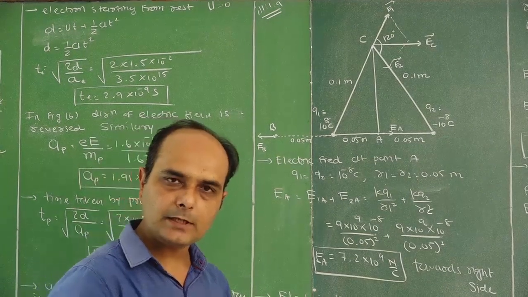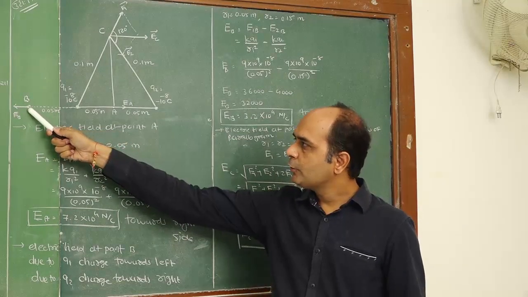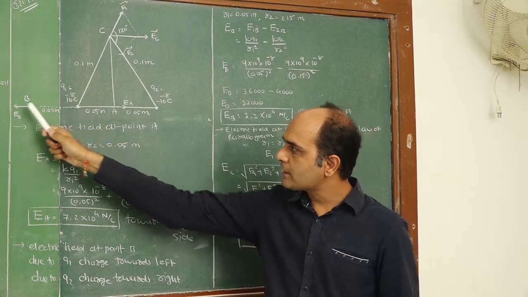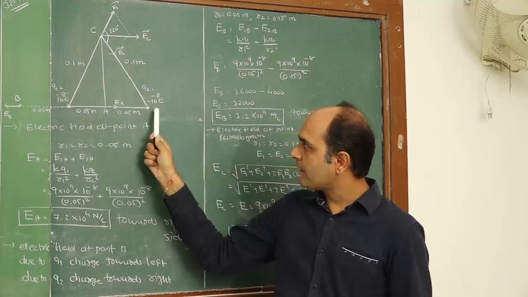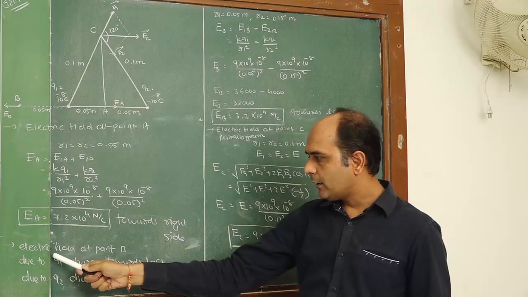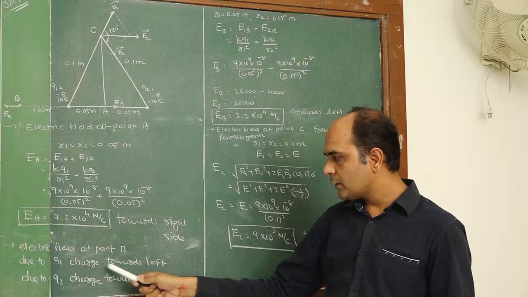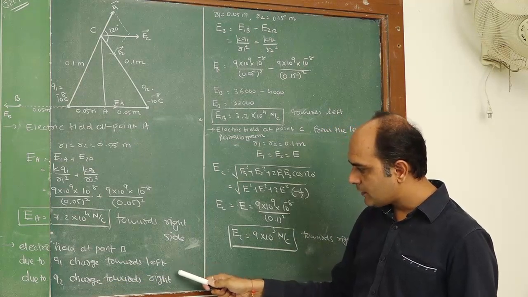Now the electric field at point A is completed. The electric field at point B, due to this Q1 charge, is towards the left because it is a plus charge. The electric field at point B due to this minus charge is towards the right hand side. Due to Q1 it is towards left, due to Q2 towards right.